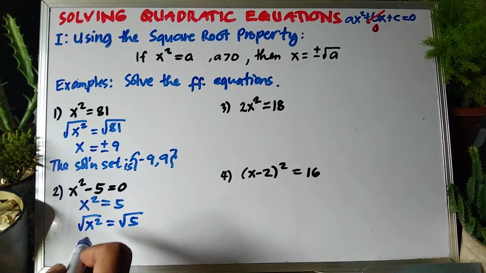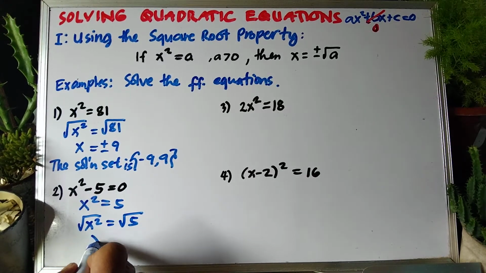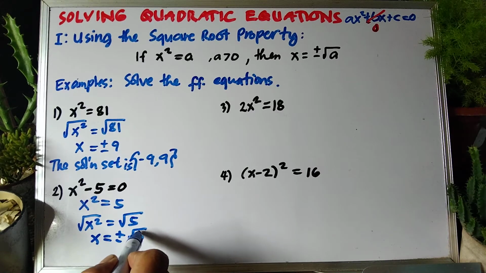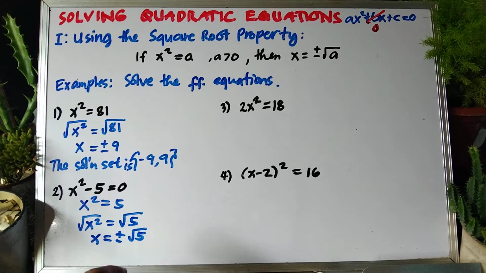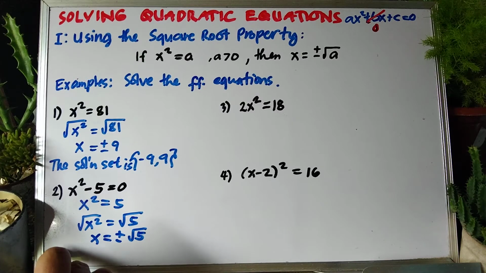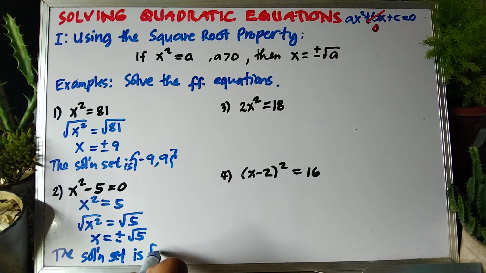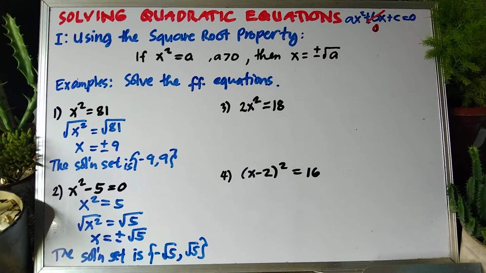Extracting the square root of x squared is x only. So x is equal to positive negative square root of 5. Di kasi natin makuha yung square root ng 5. So, leave it as a radical like this. So the solution set is the set that contains negative square root of 5 and square root of 5. Diba, ang dali lang ano?